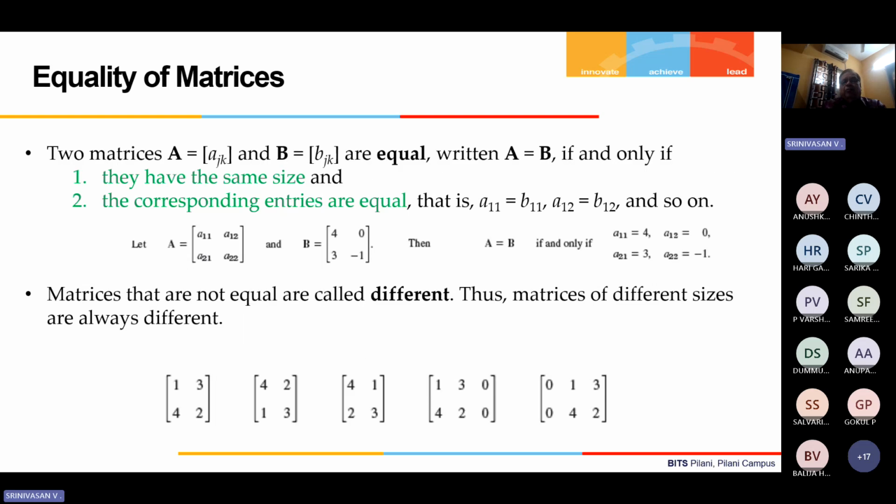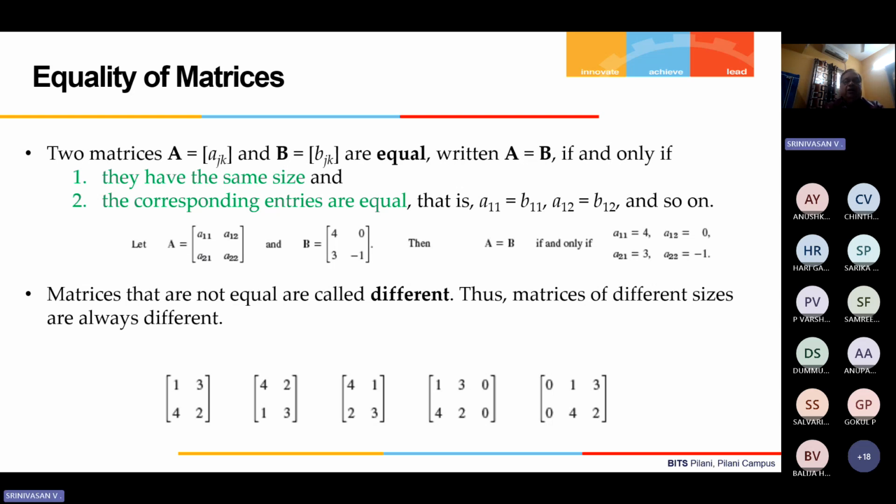Now, we go about talking about the equality of matrices. What do you mean by equality of matrices? The very word suggests that when you say two matrices are equal, then the corresponding entries are equal. In the sense, they must be of the same size. Then only you can think of the corresponding entries, and they are also the same.